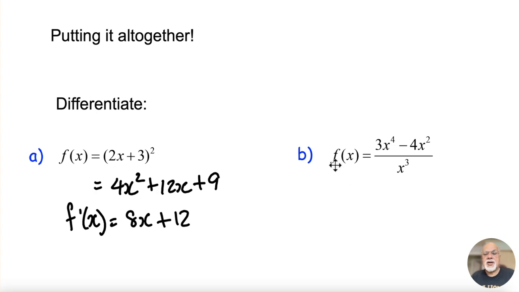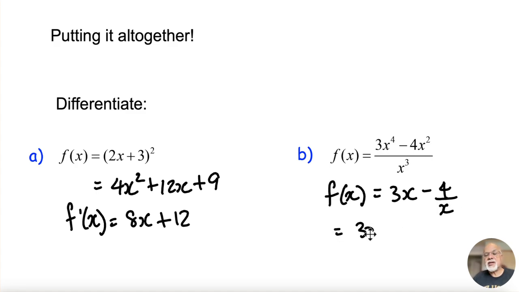In the case of question B here, f of x would be equal to, before we go taking its derivative, we're going to simplify this. Since both those terms are divisible by x cubed, I could write this as 3x minus 4 over x. And so that's just 3x minus 4x to the minus 1.